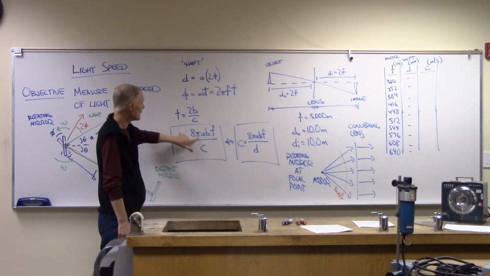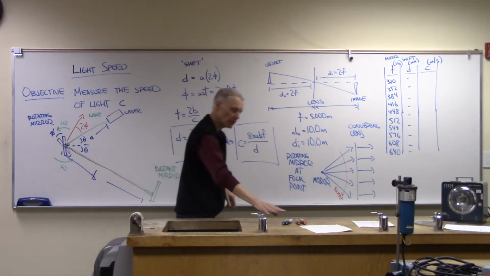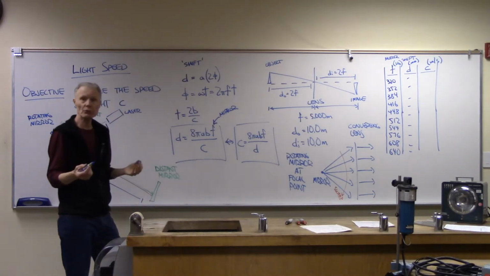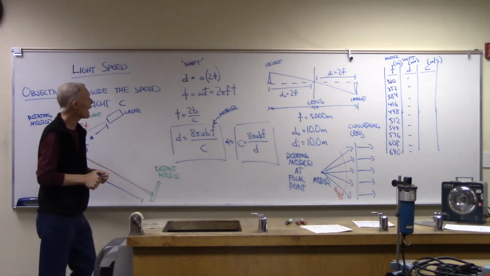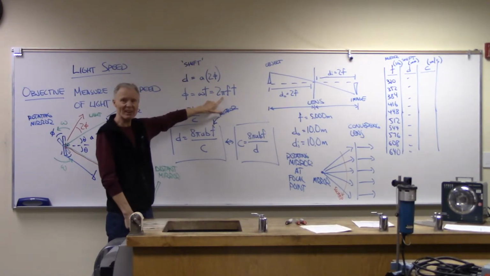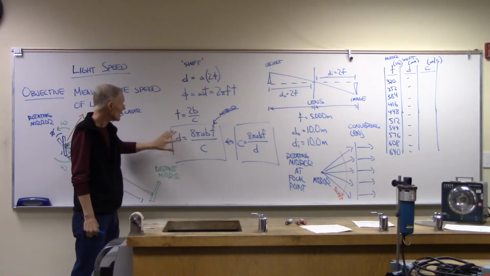8 times pi times a times b times the frequency of the motor, and let me write that in. So this is the frequency in hertz of the motor turning around. We went from radians into hertz right here, put in that extra factor of 2 pi, all divided by the speed of light.